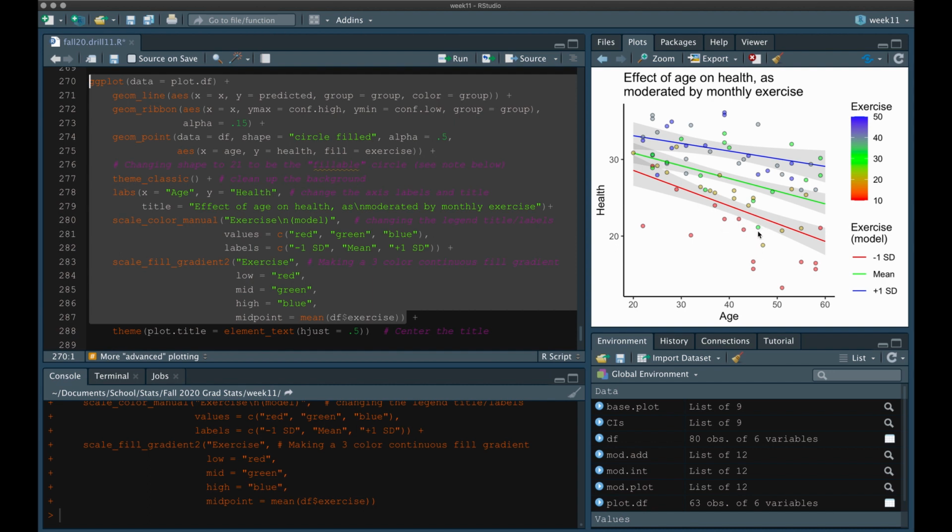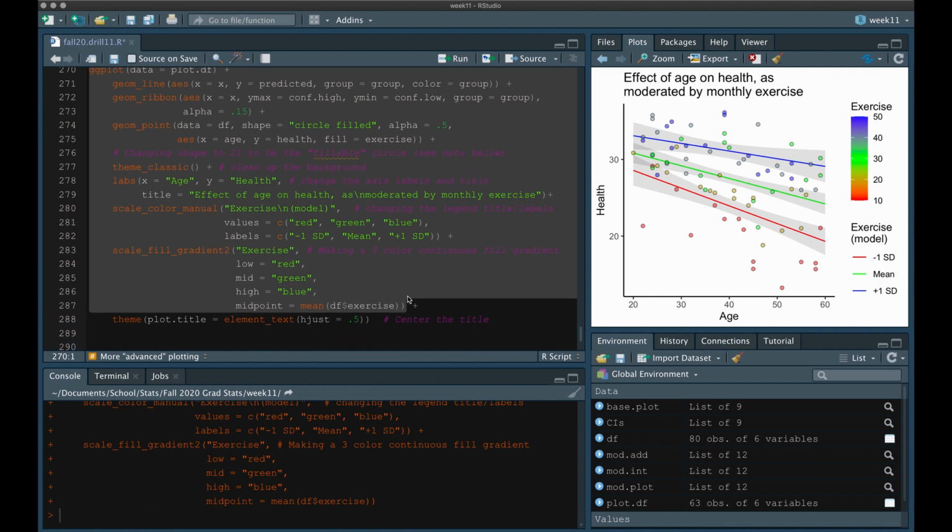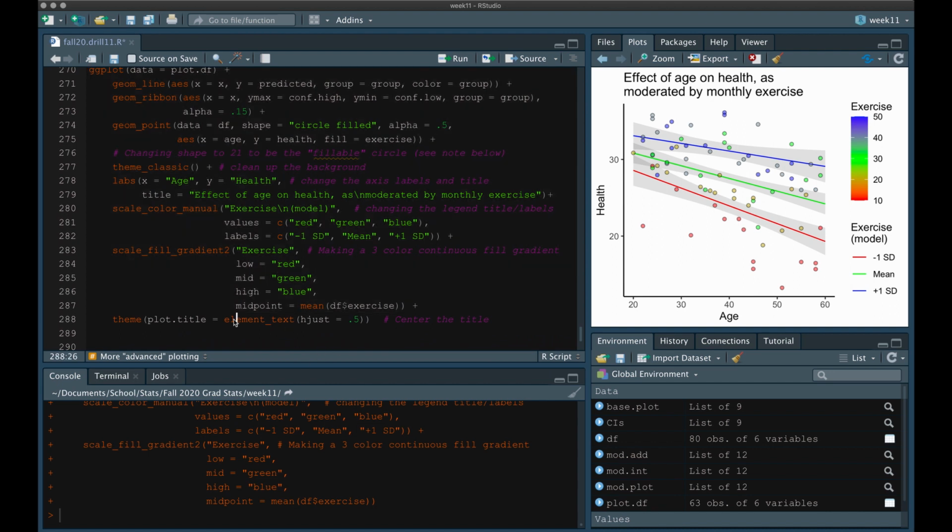And so using this 3-color fade can help, depending on the nature of your variable. Sometimes a two color continuous gradient isn't all that helpful, and so using 3 colors like this can be a lot more helpful.